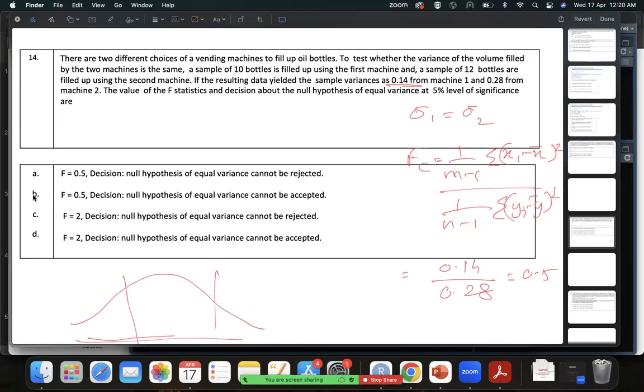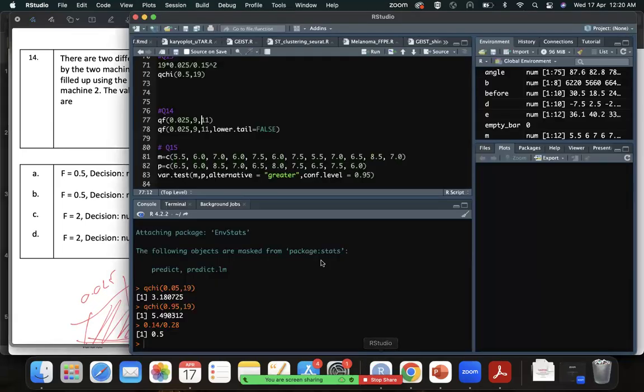So it's a two-tailed thing, 0.025, 0.025. Let's calculate the T critical, like this value. For that, you do QF, quantile of F, 0.025, n minus 1. What is this, 11?